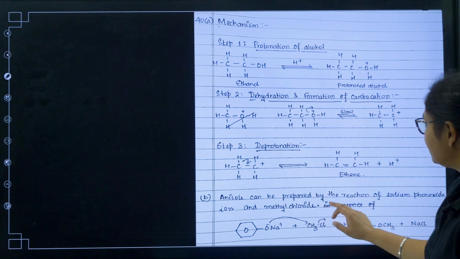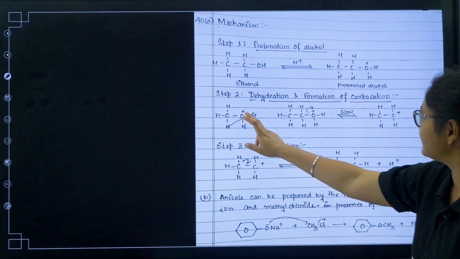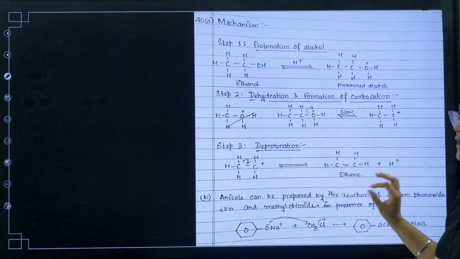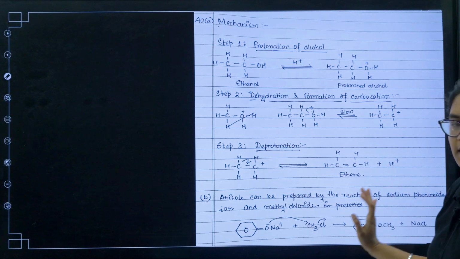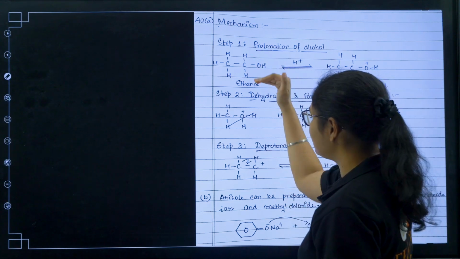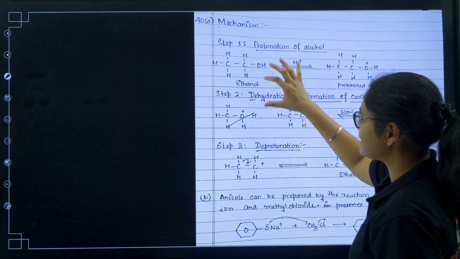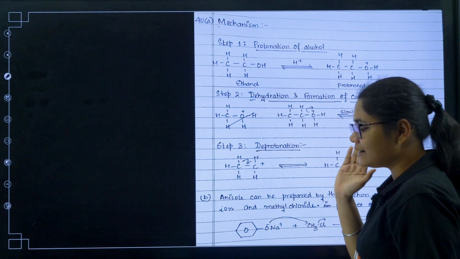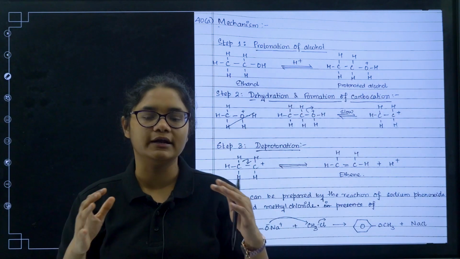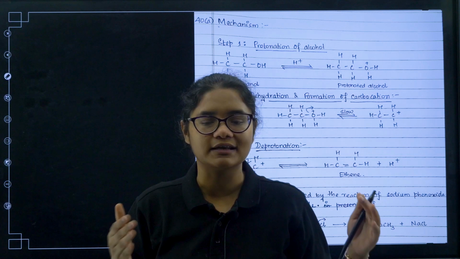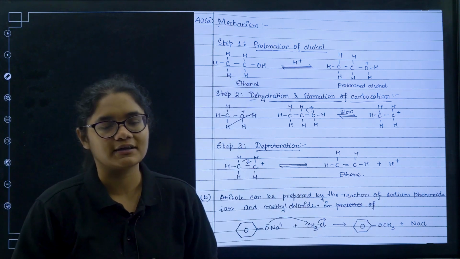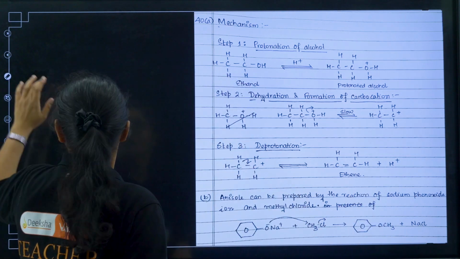So even though I have so many cuttings here, you can see here is a cutting, here is a cutting, but still it looks neat because I have just put 1 line for cutting the answers, okay? And I have given enough space between the answers, between section A, section B, between step 1, step 2, step 3, so that you can clearly understand what exactly the answer is.